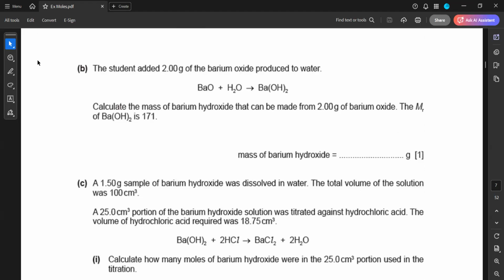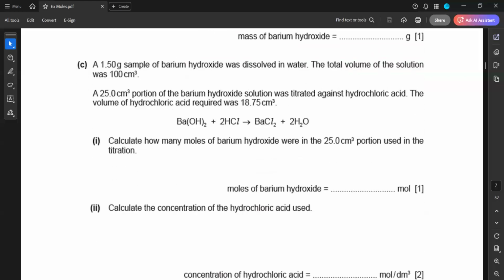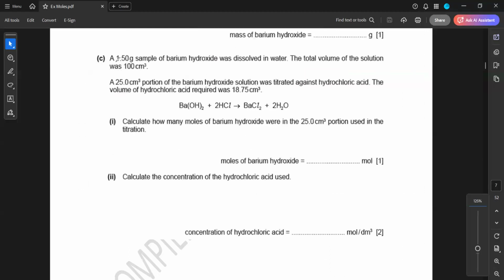In part C, the student added 2 grams of barium oxide to water. Calculate the mass of barium hydroxide that we did. That was 2.24. Then the next part: 1.5 grams of a sample of barium hydroxide was dissolved in water. The total volume of the solution is 100 cm cube. 25 cm cube of a portion of the barium hydroxide was titrated.